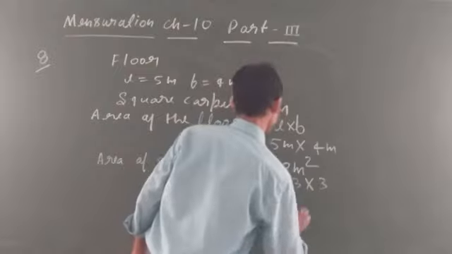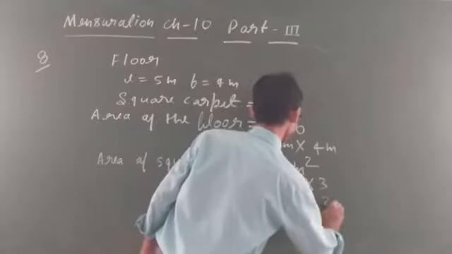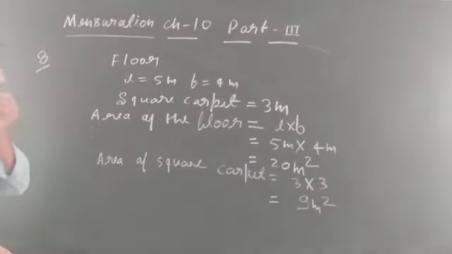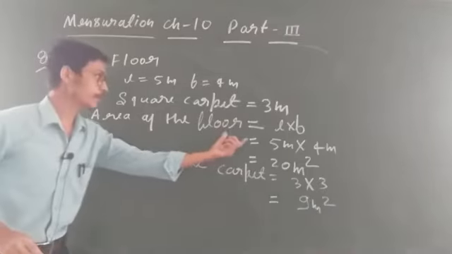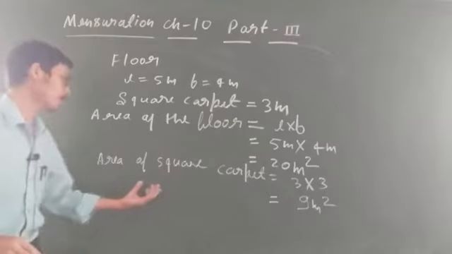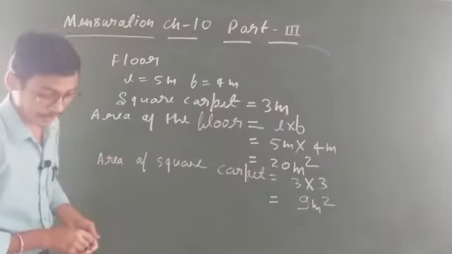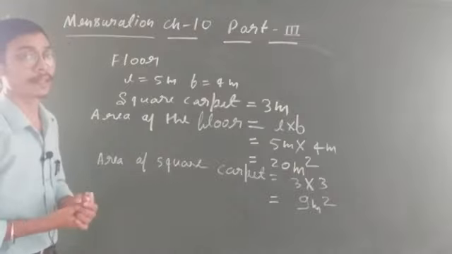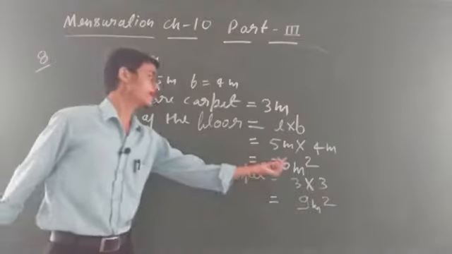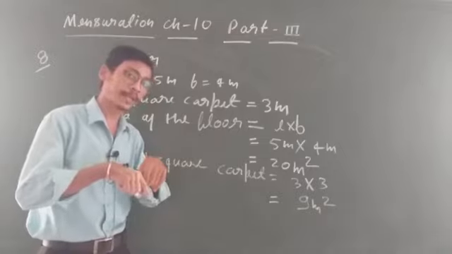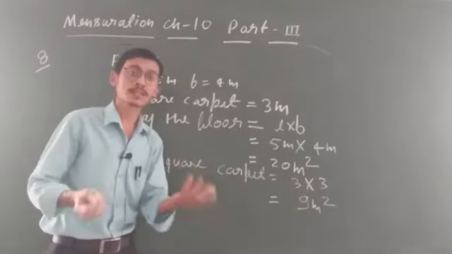It will become 9 meter square. Okay, student? So now area of the floor is 20 meter square, area of the square is 9 meter square. Now what is asked, student? We have to find out the area of the floor that is not carpeted. You can see total area is 20 meter square, but the area of the carpet is only 9 meter square. So how much is left?